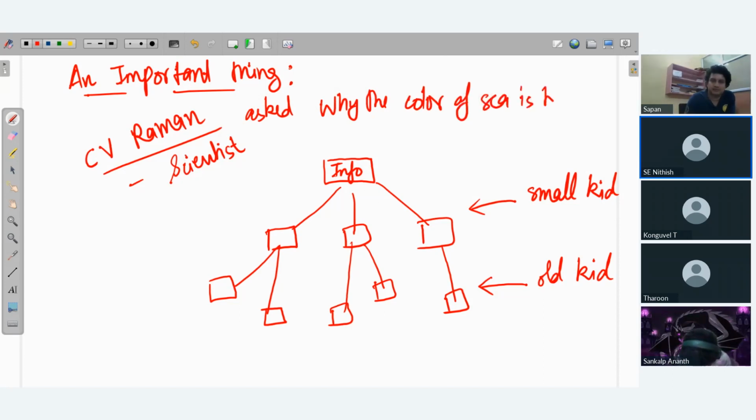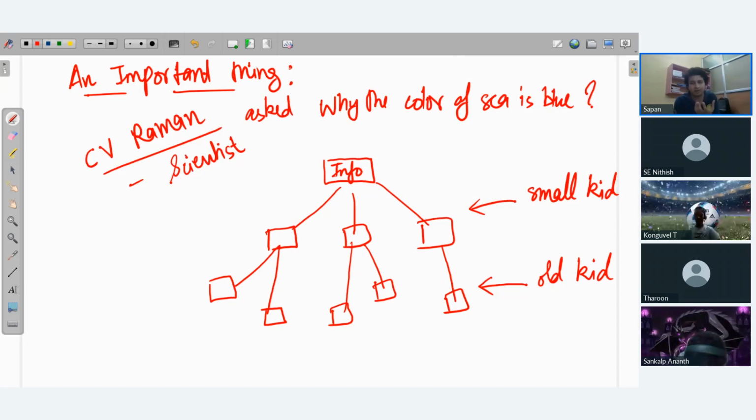Water is colorless. When you see a glass of water, it doesn't have any color. So he asked why the color of the sea is blue. Because of reflection of light, sir. Because the ocean is very deep and dense, once the light passes through it, it can't come back out.